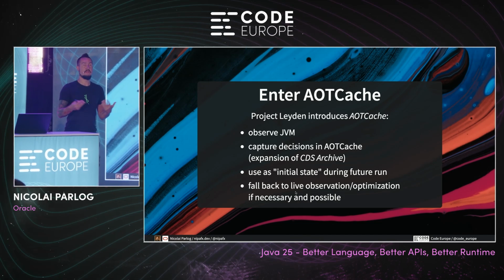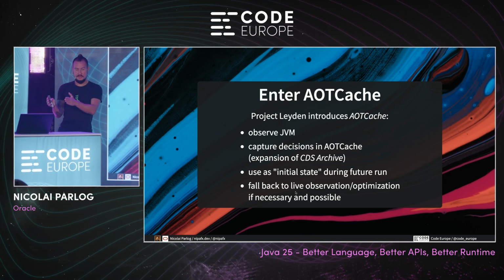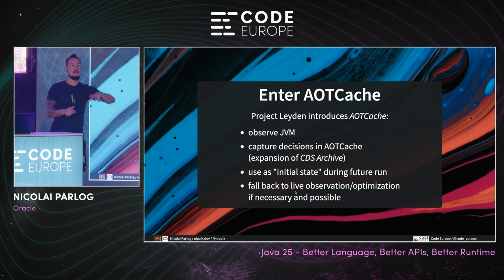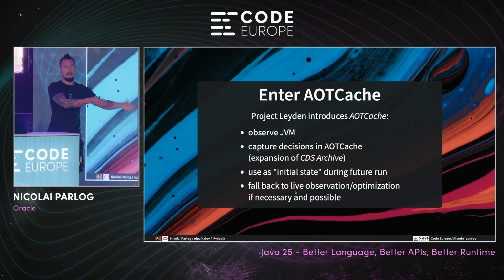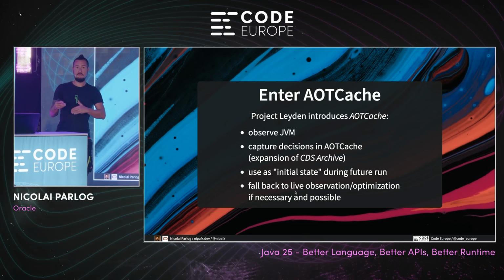It will still observe. So let's say during a training run, the method was optimized one way by the JIT compiler. Then at production, it might turn out, oh yeah, but that was because the training run that we had only used that method in a certain way. So what would then happen at runtime is it would do the regular thing where it de-optimizes and then re-optimizes. And that means it would take longer to reach peak performance.